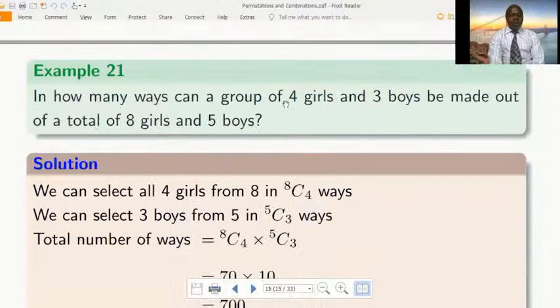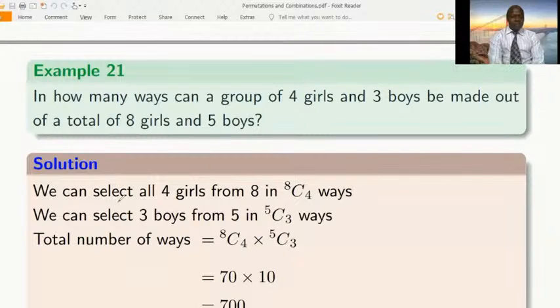In how many ways can a group of 4 girls and 3 boys be made out of a total of 8 girls and 5 boys? There's no condition. You just do this like the previous one. You just want to select 4 girls out of 8 girls. So how many groups can we form? And then 3 boys out of 5 boys.